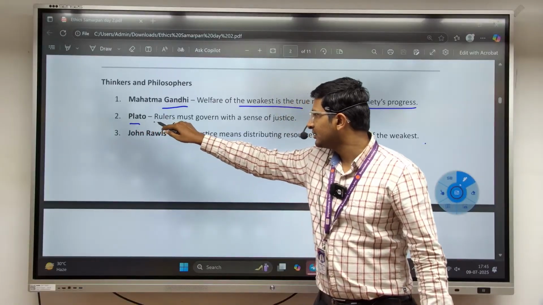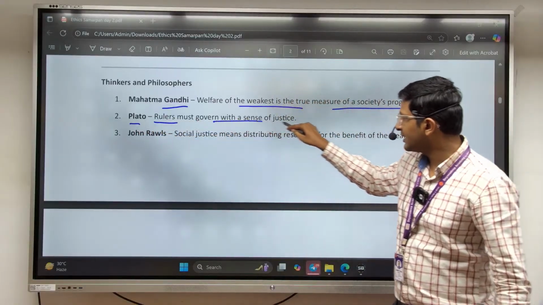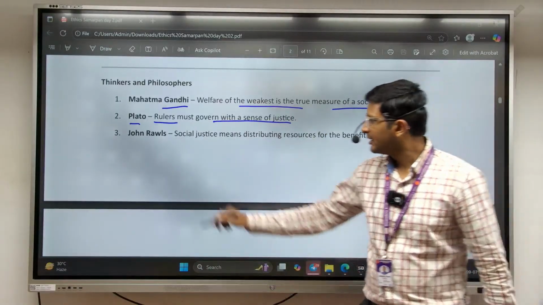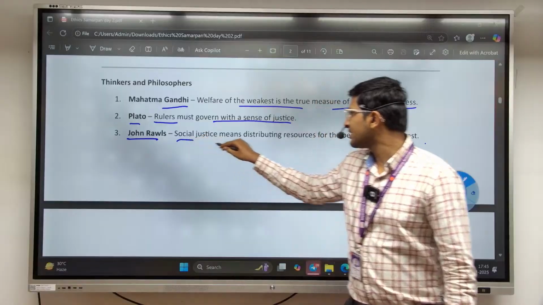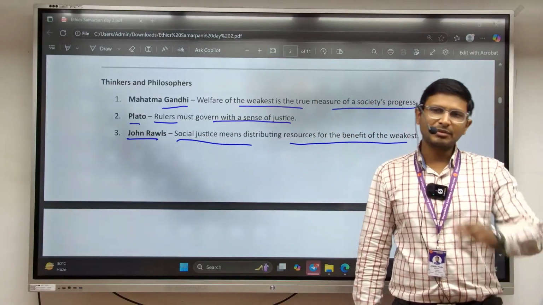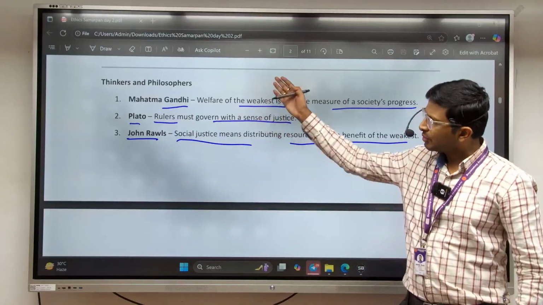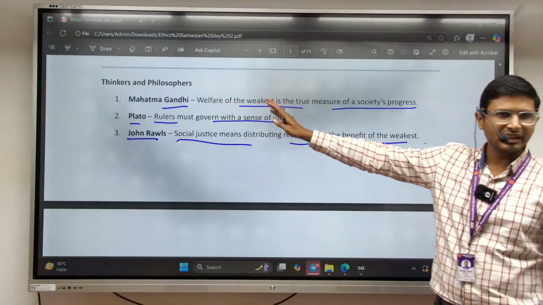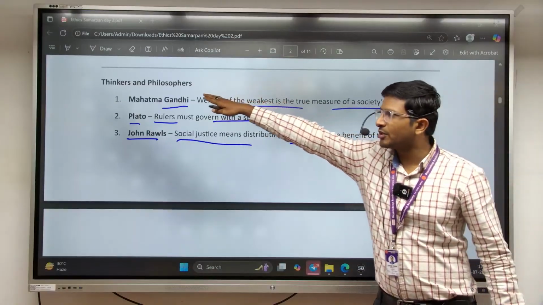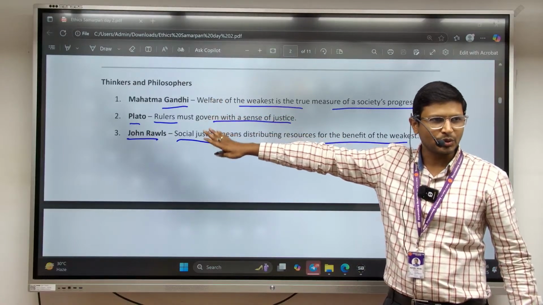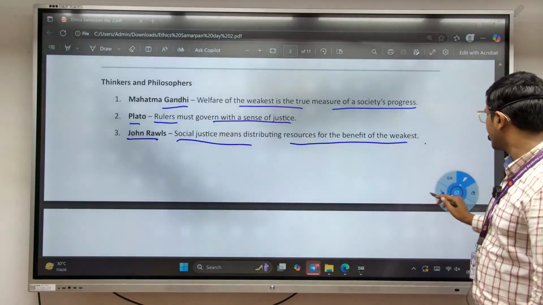What Plato says, a ruler must govern with a sense of justice, that can also be used. Then John Rawls, social justice means distributing resources for the benefit of the weakest. जैसे हमने महात्मा गांधी कंक्लूजन में यूज किया, कोई भी यूज कर सकते हो इसमें से. ओके, दिस इज एन अल्टरनेटिव लिस्ट, ये नहीं कि ये सारे दिस इज नॉट द पार्ट ऑफ योर आंसर, आंसर खत्म हो गया कंक्लूजन के साथ, दिस इज योर एक्स्ट्रा इंफॉर्मेशन, you can use these thinkers in your theory also.